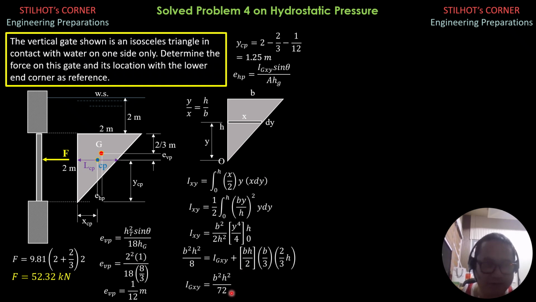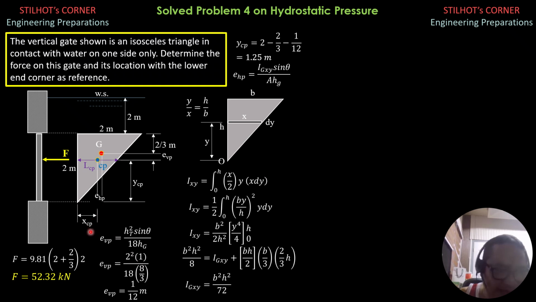Now, because this is positive, the force should act here, because remember in the derivation, the centroidal y-axis is going down. So for the moment of the force about the centroidal y-axis to be positive, it should be here. So this is e sub HP. E sub HP therefore is that distance, which is 1/3 of 2, or 2/3, then minus e sub HP.